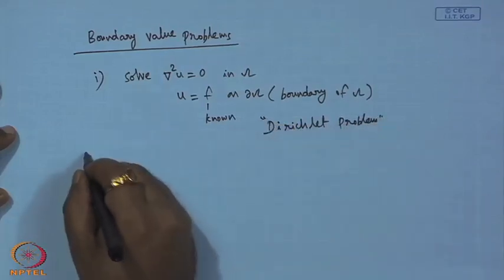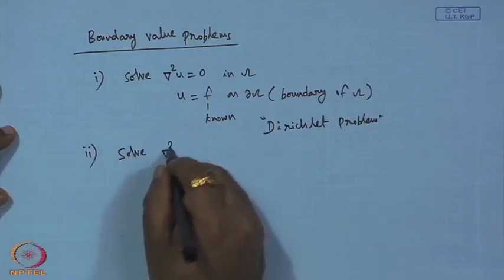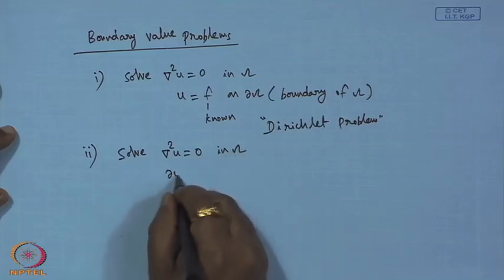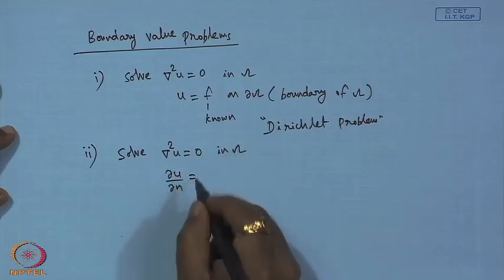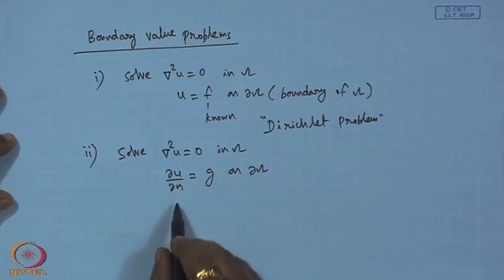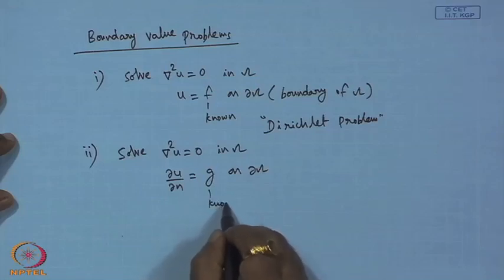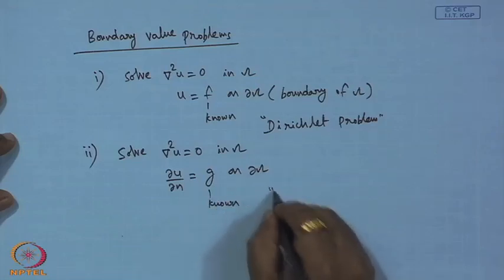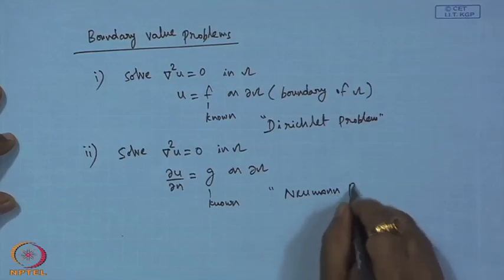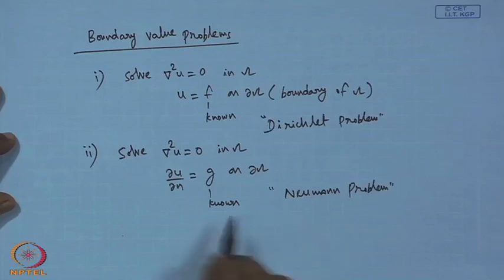Then, solve where the normal derivative is given on the boundary, and this is, yes, again you are correct, the Neumann problem.